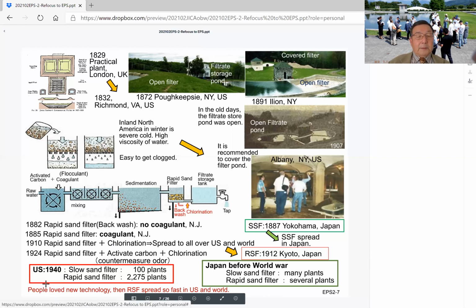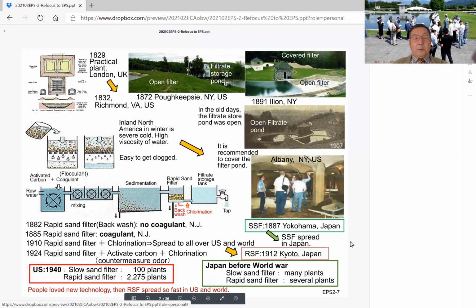So the statistics in 1940: at that time, in the United States slow sand filters were around 100, but rapid sand filters more than 20 times that, 275. Therefore, in the case of the US, a purification plant usually means a rapid sand filter.